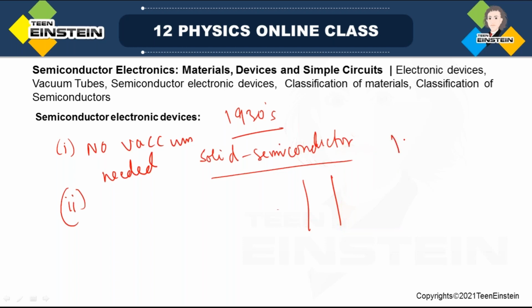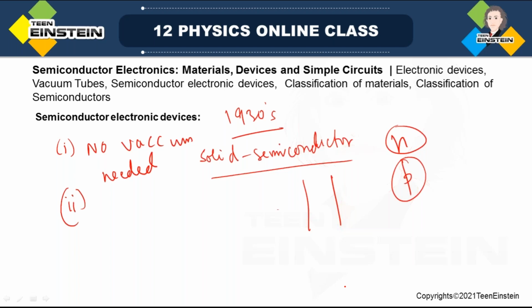Now, in semiconductor, there are two types of charge carriers, P and N. P means hole and N means electron. So there are two types of charge carriers. Again, double advantage you get here in the solid semiconductor devices.